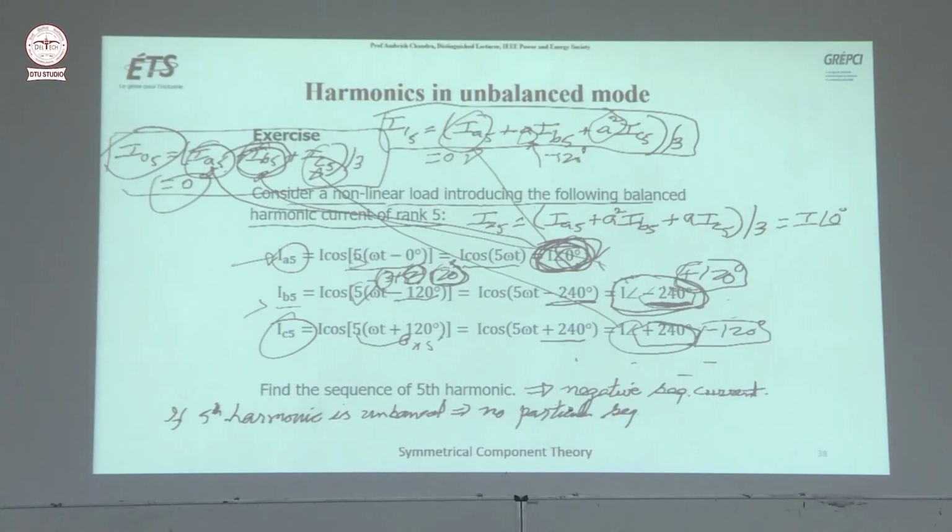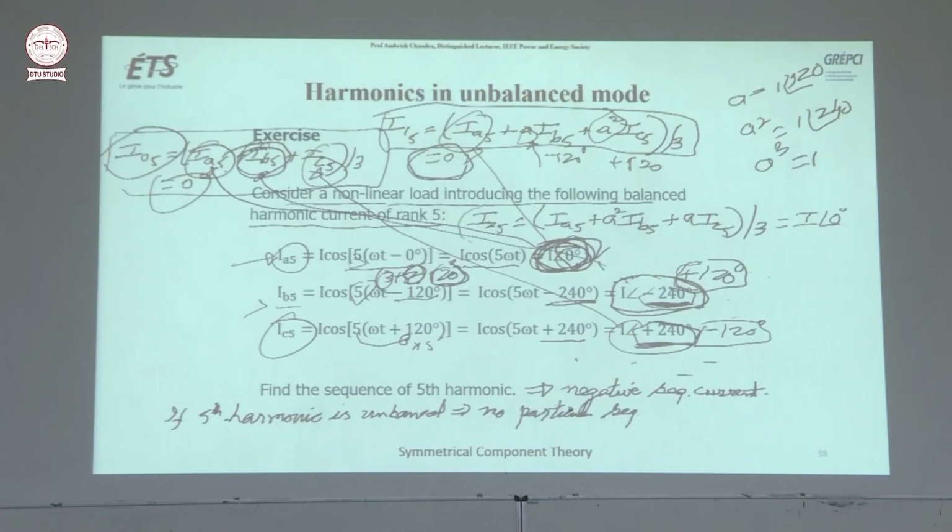A square is plus 240, plus 240 and another plus 240, so plus 120. Is it clear? You just have to put A. A is 120, right? A square is 240. A cube is 1, right? We already know. So put these values there and you will see that I15 is 0.